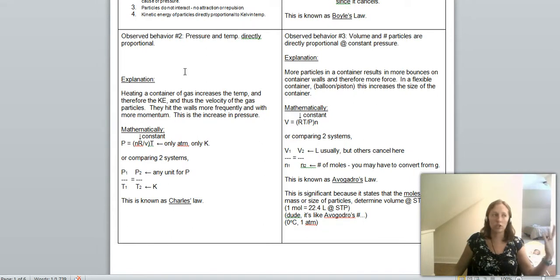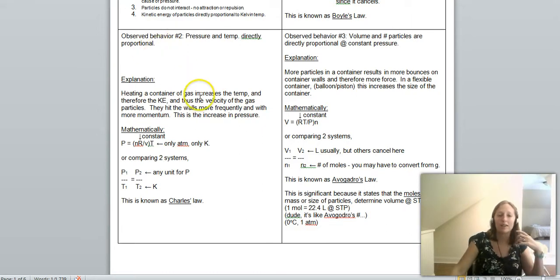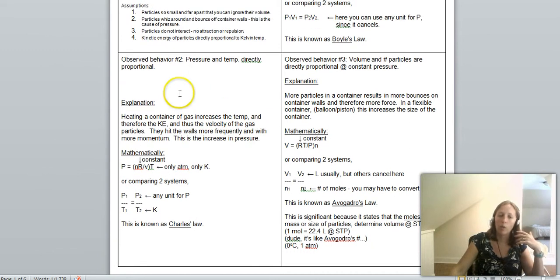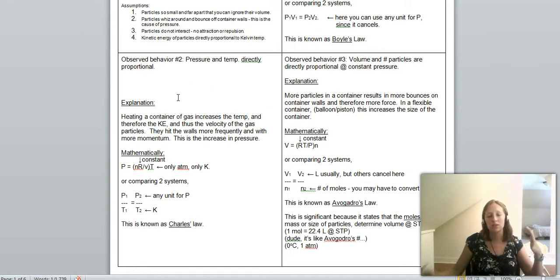This was observed by Jacques Charles, so it should really be Charles's law, but they say Charles, oh well. And the reasoning behind that, the kinetic molecular theory for why that happens, is, you've got this container, it's full of gas, it's got particles, they're bouncing around. When you make it hot, the kinetic energy of the particles goes up because the kinetic energy is directly proportional to the temperature.